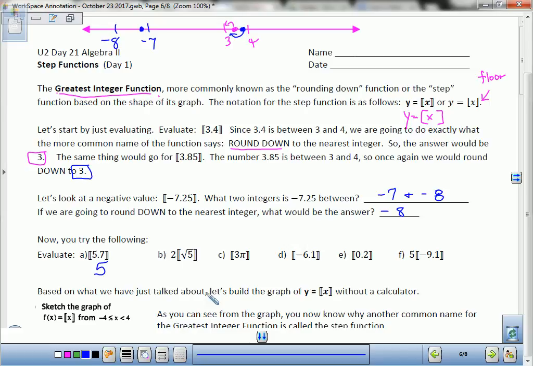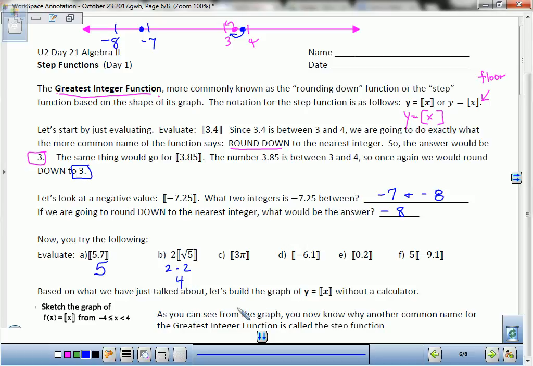But I know it's between what two integers? 2 and 3. Because 5 is not a perfect square, but 4 is, and the square root of 4 is 2. And the square root of 9 is 3. So 5 is in between 2 and 3. If we're rounding down, it's 2. So this becomes 2 times 2, which is 4.